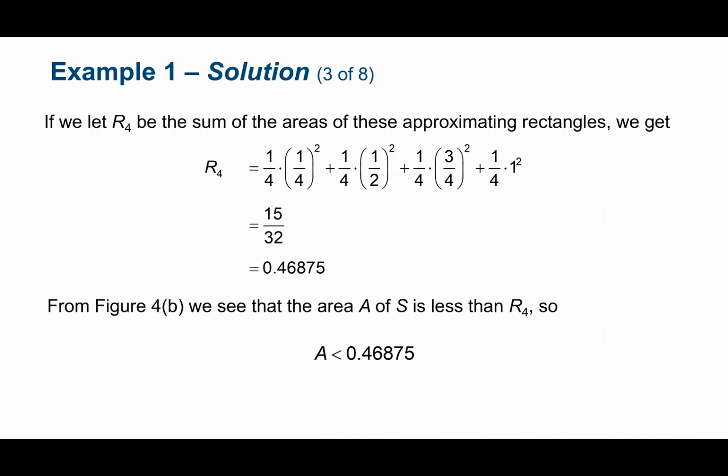So 1/4 squared, 1/2 squared, 3/4 squared, and 1 squared. The reason we're doing squared, don't lose track of that, is because our function here is x squared. That's where we're getting the curve from. So it's f of 1/4, f of 1/2, f of 3/4, f of 1. These parts are coming from our function.